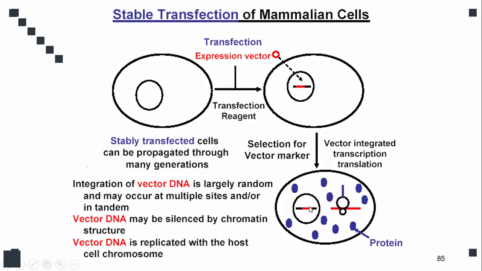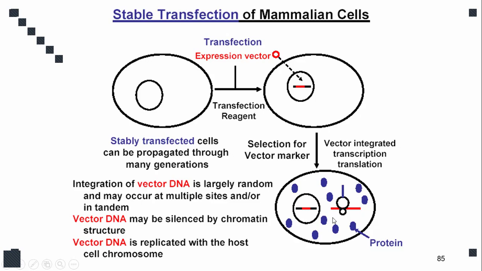In the next, what we call stable transfection, after the vector enters into the nucleus, it finds its way and integrates into the genome of the host. That's why you can see this black side here and this black side here, they represent the genome of the host. So this will be expressed anytime the genome is being expressed.